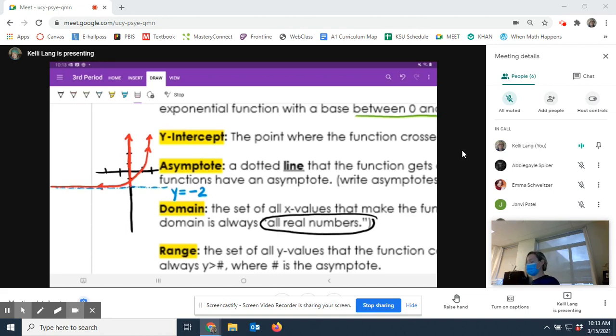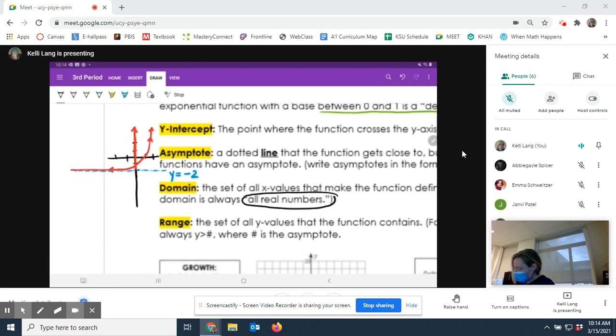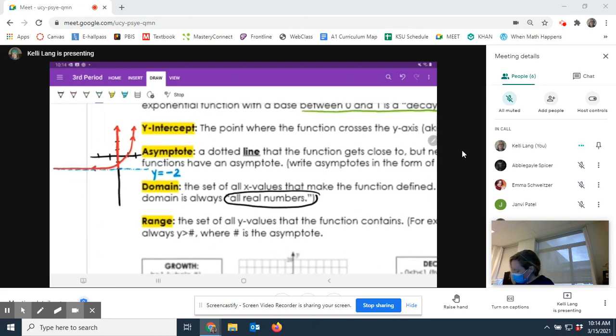It can never go down there. So none of these values can be part of our range. So our range here, if this blue line represents y is equal to -2, then our range would be y is greater than -2, because our function always has to be above it, or greater than the line.